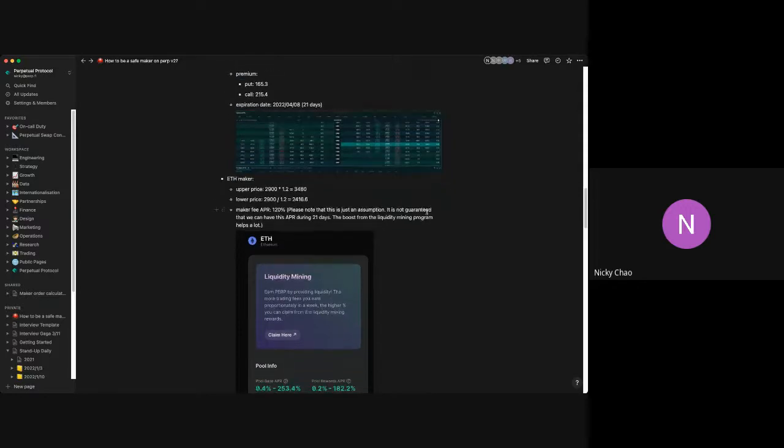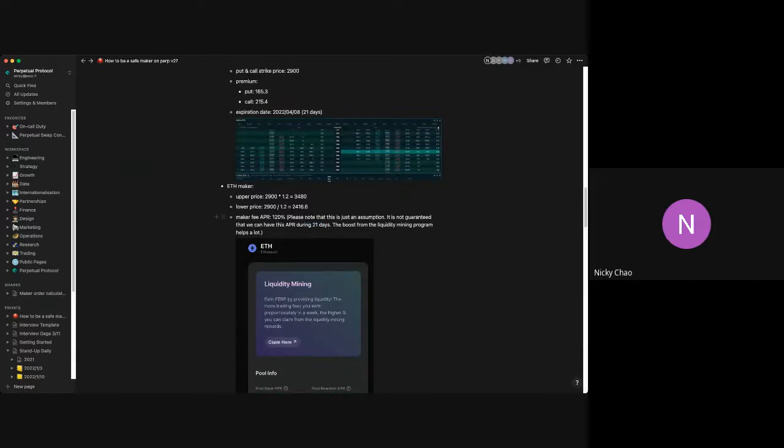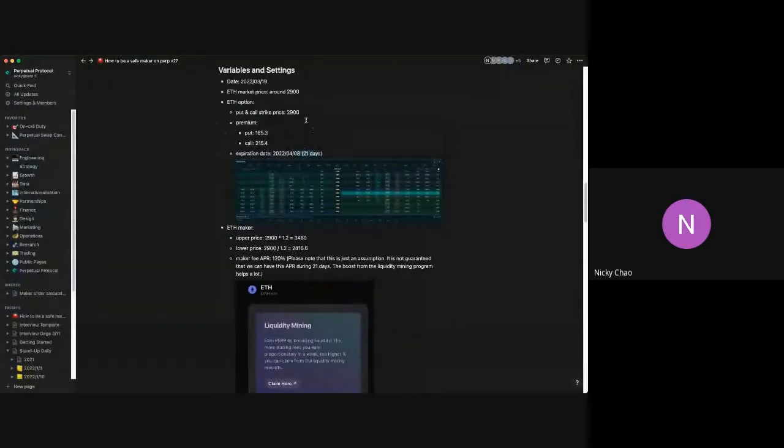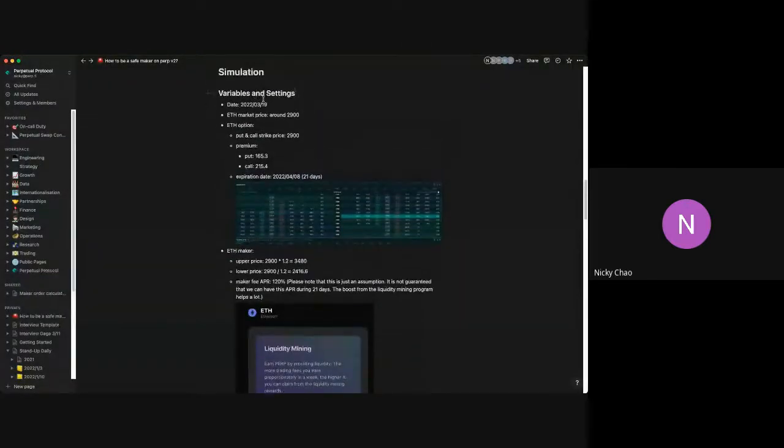It is also not guaranteed that you can have this kind of APR during the whole 21 days. The 21 days is the expiration of this option, because the option expires on April 8, which is around 21 days after March 19.